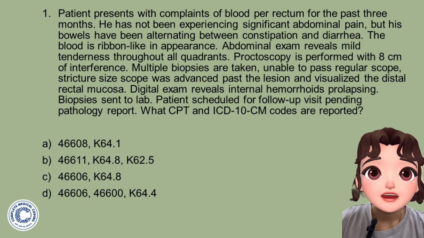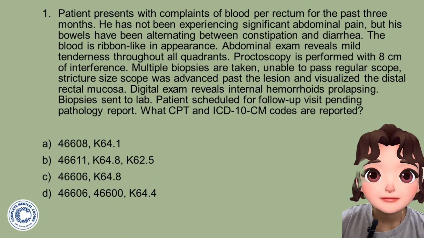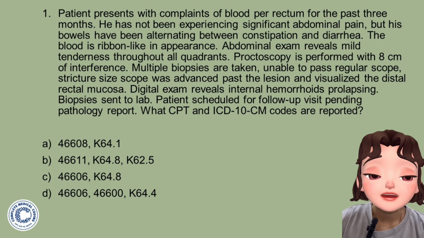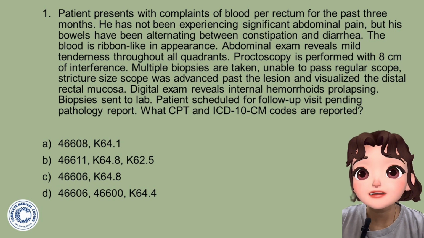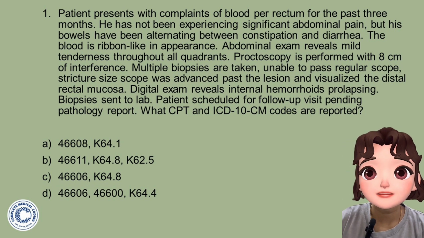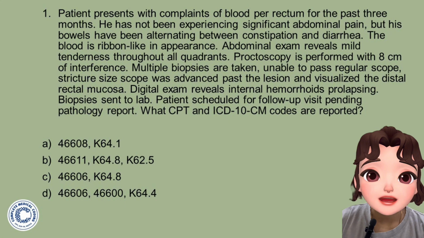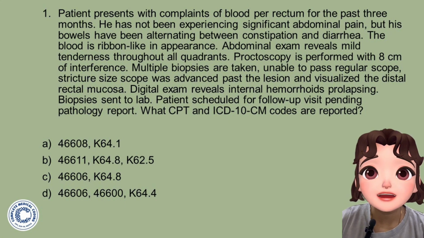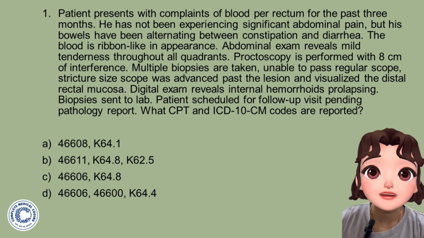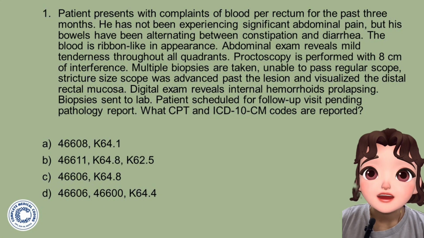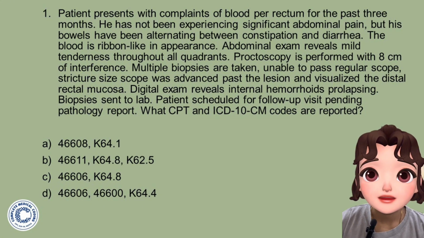So we can't code second degree hemorrhoids. So what will be the ICD code? What is the next ICD code in the option? K64.8 in option B. What is K64.8? Other hemorrhoids. We can code that, right? Because since it's not mentioned the degree of hemorrhoids, you can code other hemorrhoids.